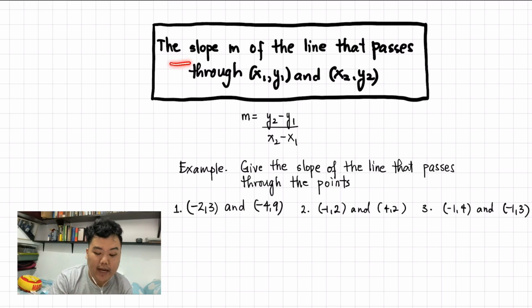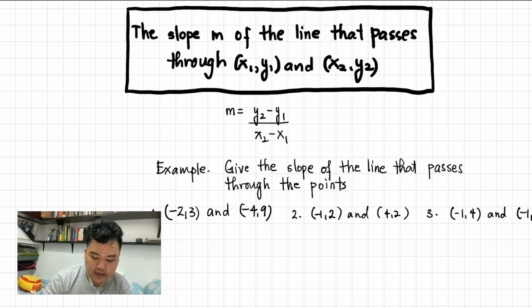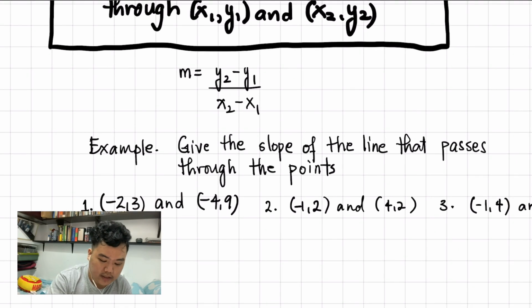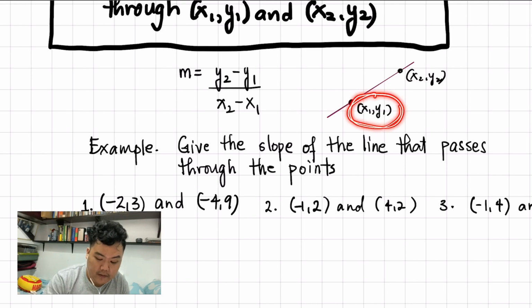The slope m of the line that passes through these 2 points, we call these 2 points (x1, y1) and (x2, y2). Let's say this is our line. Oops, I want a straight line. And let's say this is (x1, y1) and (x2, y2). Or this can also serve as (x2, y2), while this one is (x1, y1).